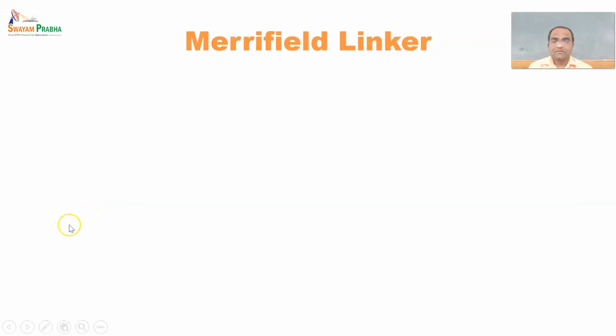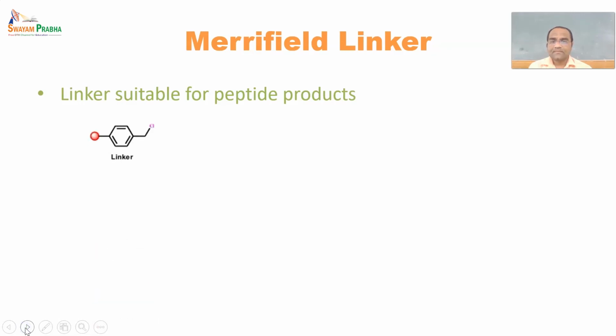After that, the Merrifield linker. It is suitable for peptide products. It has a phenyl ring with a methyl chlorine in between.